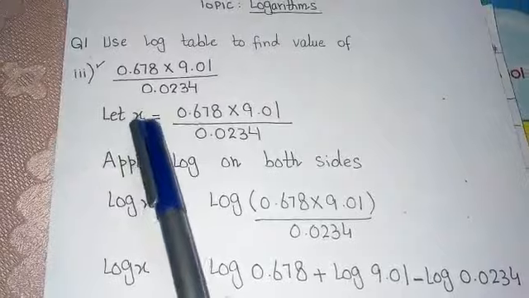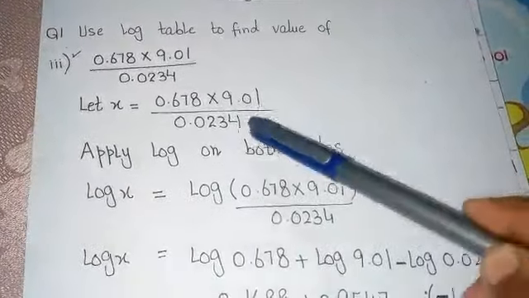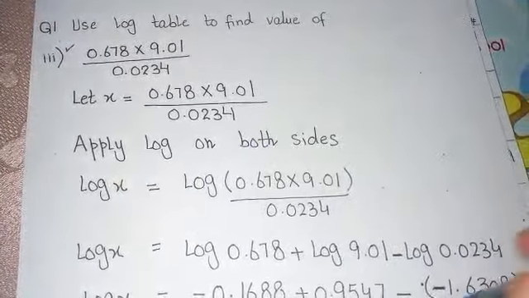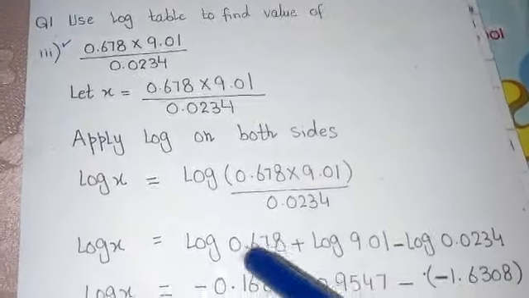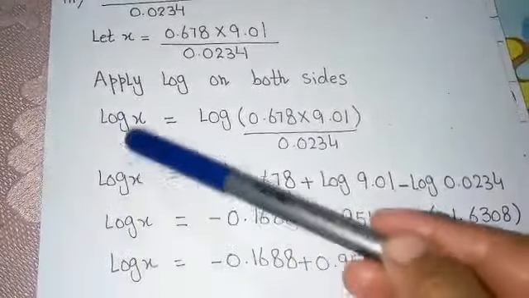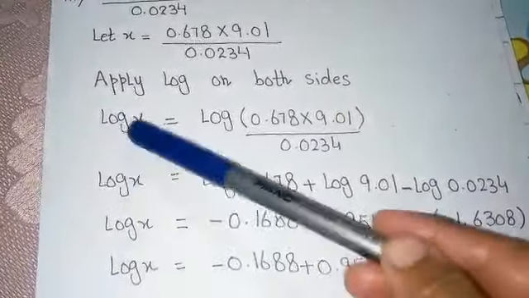On the left hand side it becomes log of x, and on the right hand side we will put a bracket, log of the whole question. Now on the left hand side log of x will continue, but on the right hand side we will apply the laws of logarithm. Here you can see there is a multiplication sign between these two. So when I open the bracket, it will change into addition.